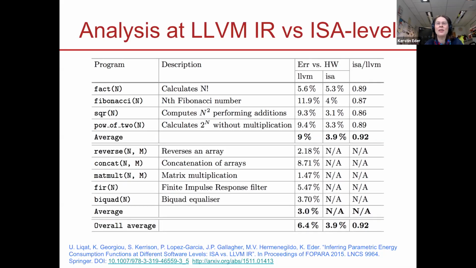Okay, and so that made these programs analyzable, and you can see that the results at the LLVM level are actually quite good when compared to hardware measurements. So that's a really good insight, and we were very surprised that the mapping and the analysis worked so well when lifted up higher in the system stack.